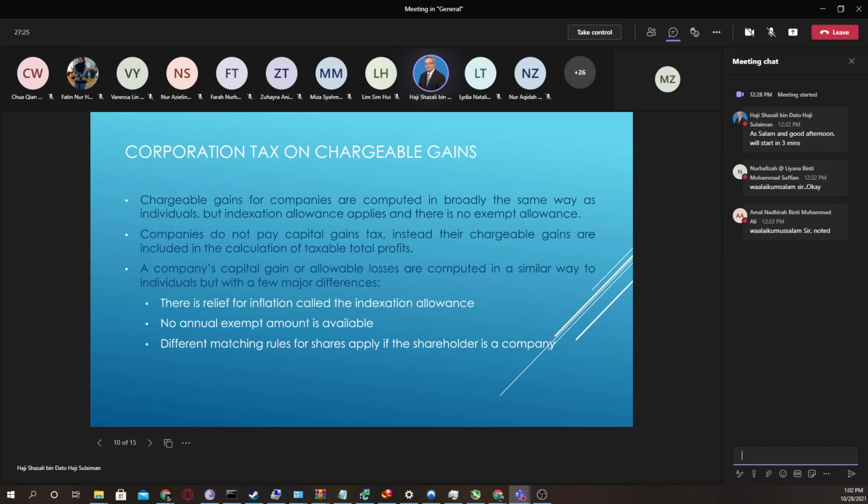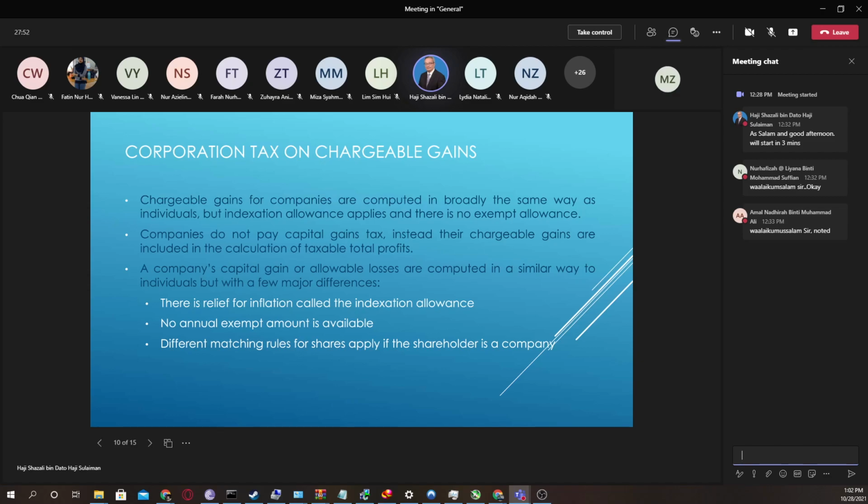Chargeable gains for companies are computed in broadly the same way as for individuals. But instead of the annual exempt amount that individuals get, for companies you get what is known as indexation allowance. So you get indexation allowance, but no annual exempt amount. The annual exempt amount is only for individuals, 11,550. Indexation allowance, I'll cover a bit later.